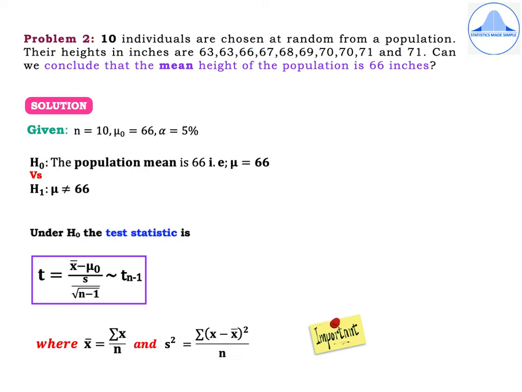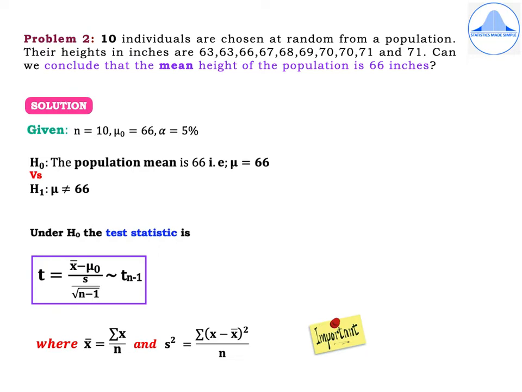So from the problem, a set of data is given and we have to find the other two values, that is n and mu naught. So under solution, write given n is equal to 10 and mu naught is equal to 66, alpha is equal to 5%. Now we also will be needing the value of the sample standard deviation, that is s, and we need the value of x bar, which should be computed from the given data.